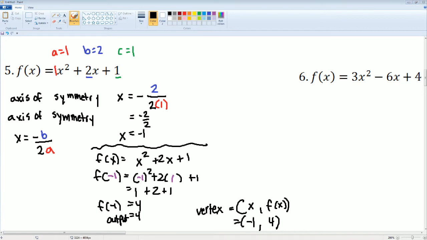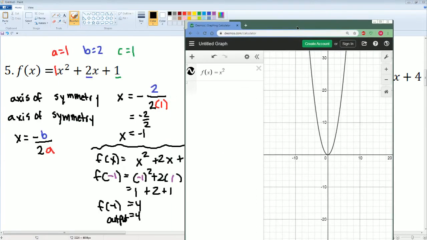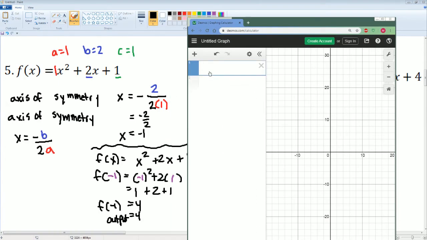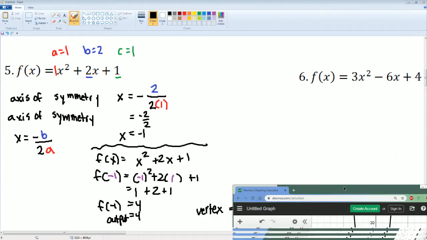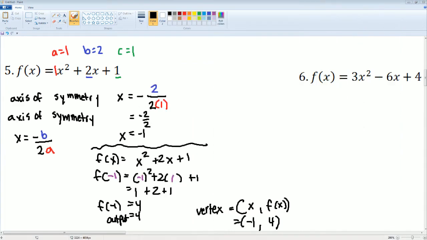Okay, so we have Desmos here. Let me graph that for you: x squared plus 2x plus 1. Was I right with the vertex or was I wrong? The -1 was correct, but the output was wrong.